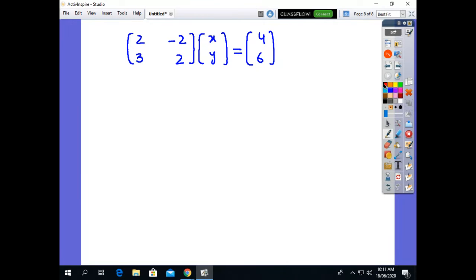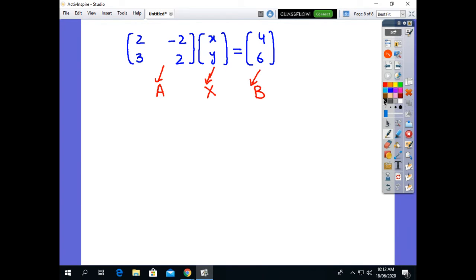The first matrix we call matrix A, the second one we call matrix X, and the third one we call matrix B. Now write it in A, X and B form.